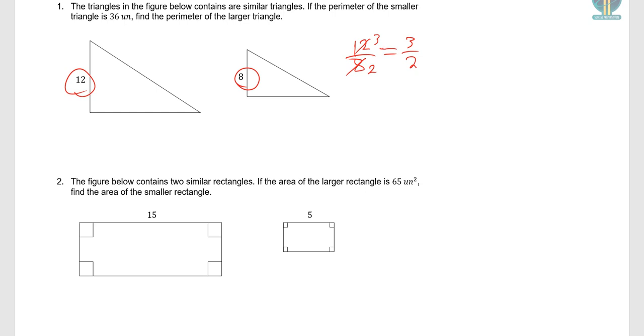So that 3 over 2, set up a proportion. For perimeter, the scale factor does not get squared. The scale factor is what it is. So it's just 3 over 2. So 3 over 2 is equal to x, which is the perimeter of the larger triangle, which we need to find, divided by 36 units.